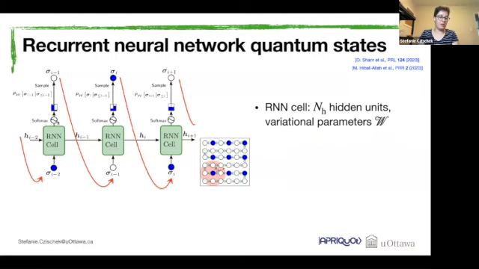So we turn the output of the RNN cell into a probability distribution over two possible states, where we define one to be the 0 state and the other one to be the 1 state of our next qubit in the sequence. And then from this, we sample the state of the next qubit in our sequence. And then we autoregressively just use this sample that we have just drawn as the next input in the sequence and so on. And so this way we determine the state for all the qubits in our system.